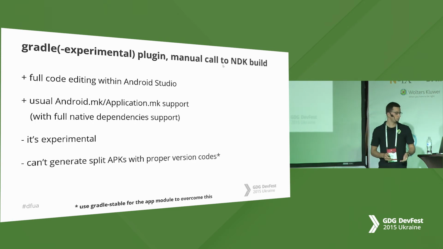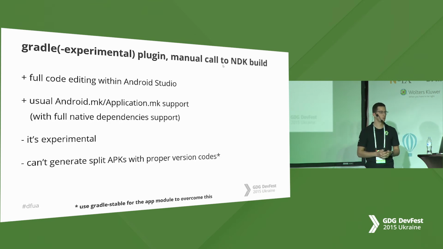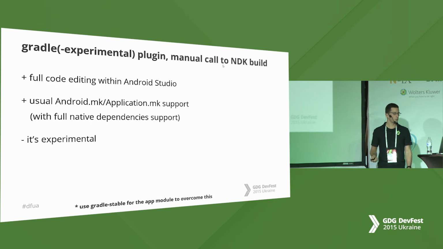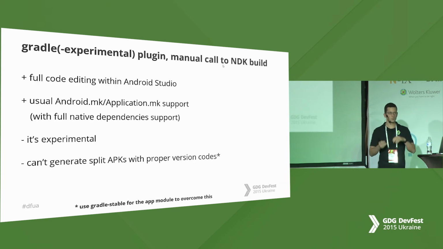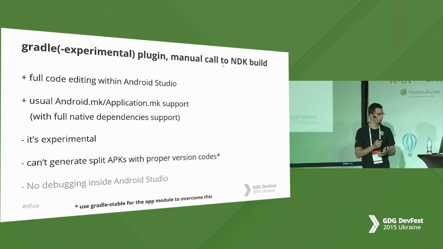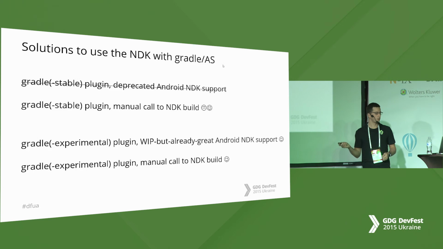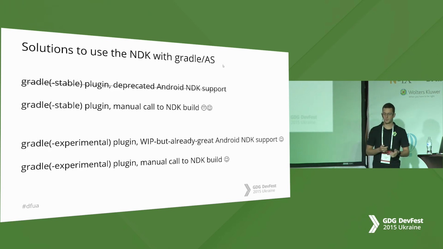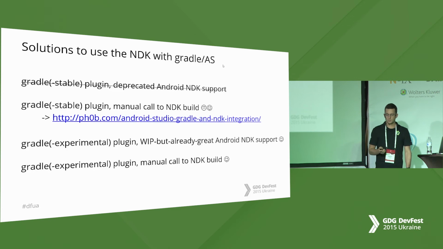And you can't directly generate split APKs, but you can use Gradle stable for your app module, so in fact you can. So the two good solutions are these two. So use the Gradle experimental for your lib module, and either use the built-in NDK build part, or do it yourself.